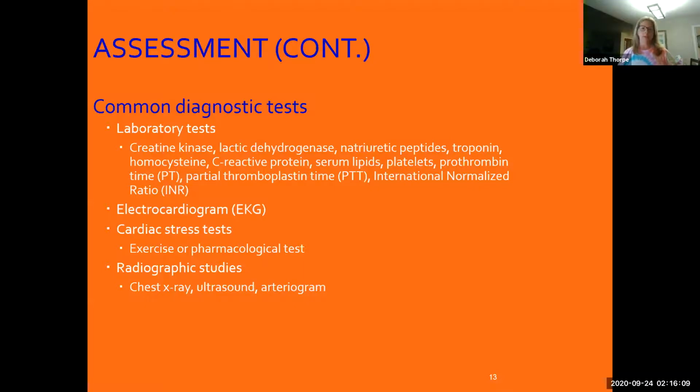If the patient is able to walk and is fairly healthy, they can do this test by hooking them up to the monitors and having them do a treadmill.